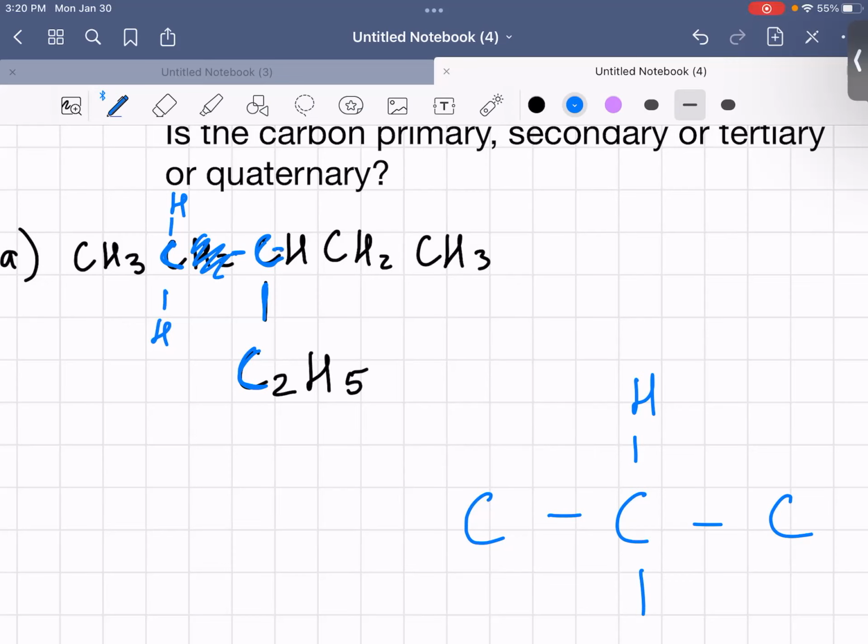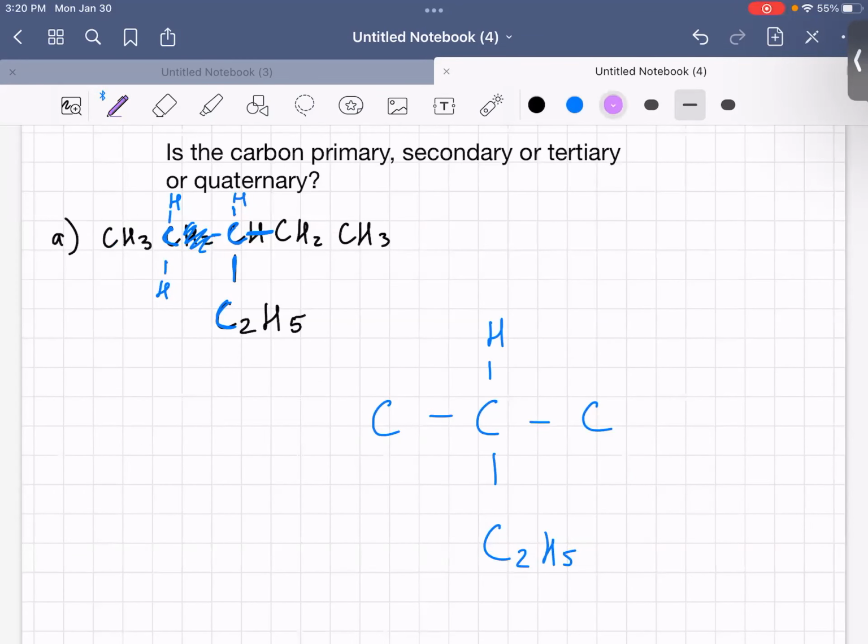And this is the hydrogen it's attached to, but it's also attached to this carbon right here, and this hydrogen can go up, right? Okay, so basically how many carbons do I see? 1, 2, 3. So it's a tertiary carbon.